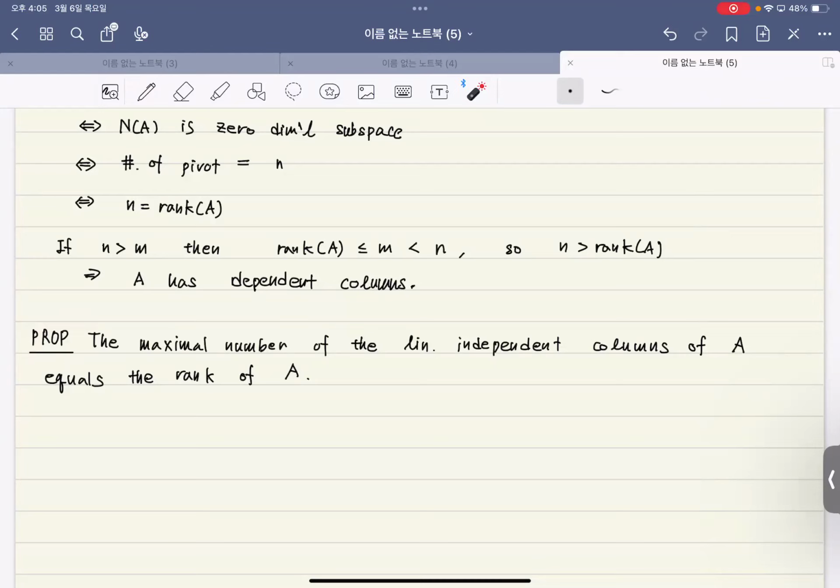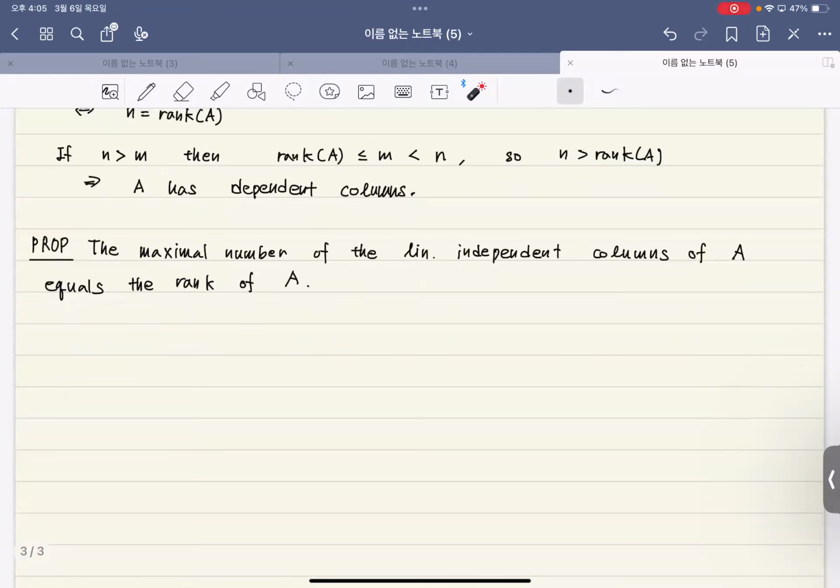In order to answer the question, first you apply the elementary row operations to the matrix A. Then you get the row echelon matrix of A, then you know the number of pivots, and you can have exactly rank of A many independent columns from matrix A.